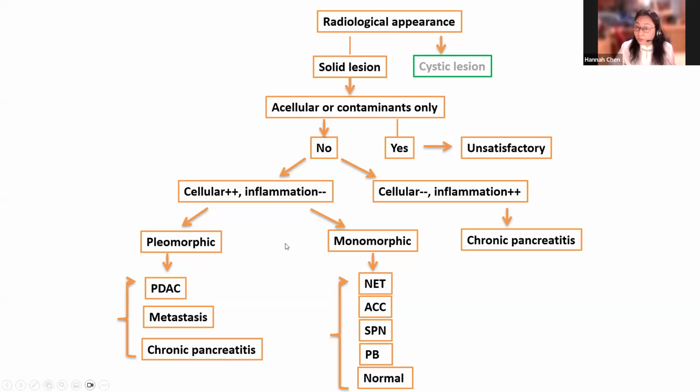If the tumor cells show monomorphic morphology, then the differential diagnosis includes neuroendocrine tumor, acinar cell carcinoma, solid pseudopapillary neoplasm, pancreatoblastoma, and sometimes, if a cytologist is a surgeon, it's hard, and normal acini come in as one of the differential diagnoses.